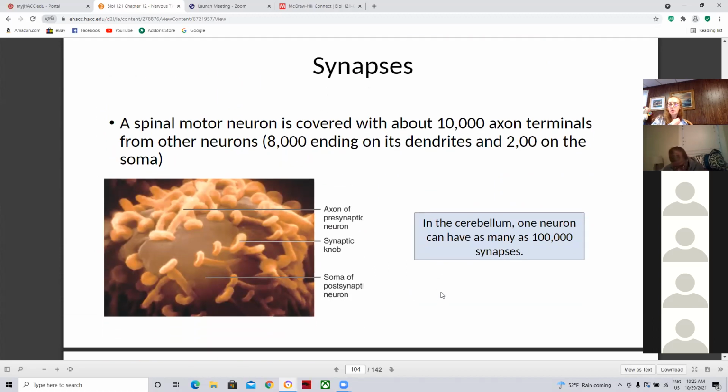A spinal motor neuron is covered, as in this picture, a scanning electron microscope image showing that one motor neuron is covered with about 10,000 axon terminals from other neurons: 8,000 ending on its dendrites and 2,000 on the soma itself.